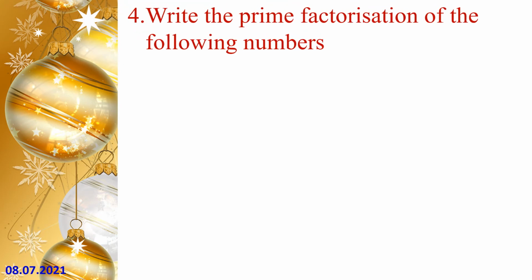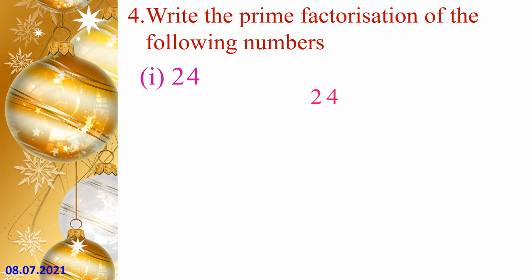Fourth sum. Write the prime factorization of the following numbers. First sum, 24. So now 24 is the dividend. Let us find the divisor. We have to begin with the smallest prime number that divides 24.